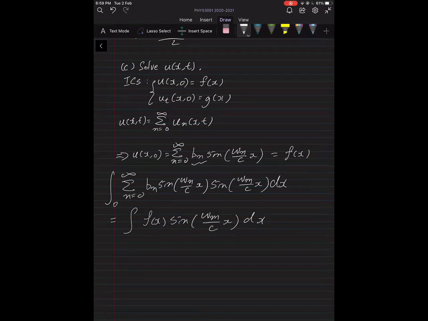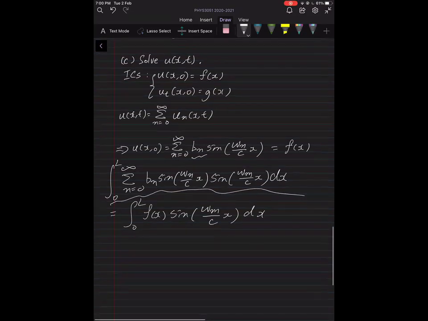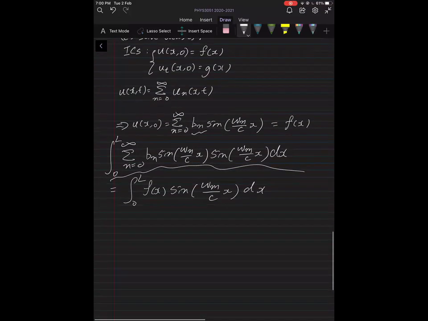So we integrate from 0 to L. The eigenfunctions are orthogonal, but they are not necessarily orthonormal, which means that their norm does not need to be 1. So what is the norm of the eigenfunctions?